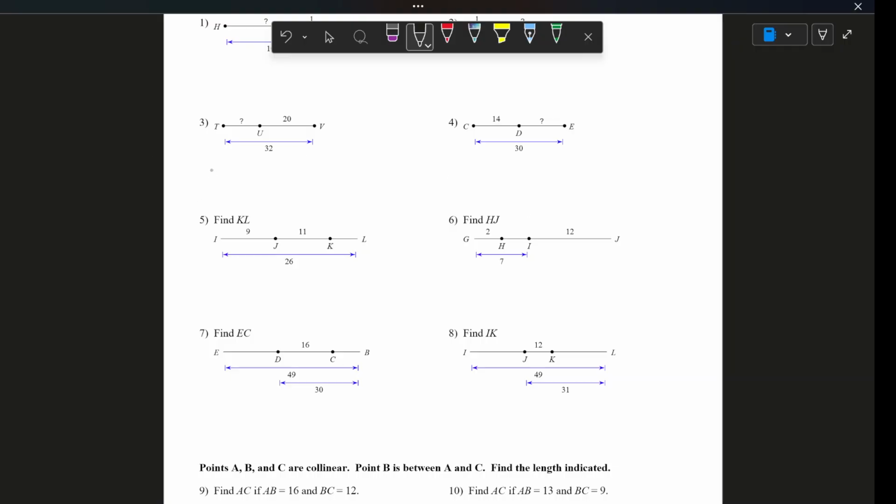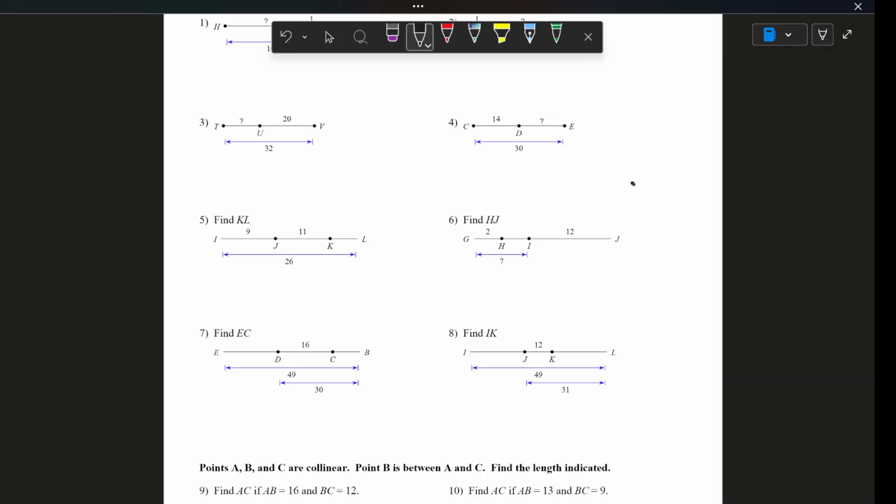Cool. All right. This one we want HJ. This time we're not given the whole length of GJ, like the whole length of the bar, but that's still fine. We don't really need it. Solve it out anyways. So first I notice GI.